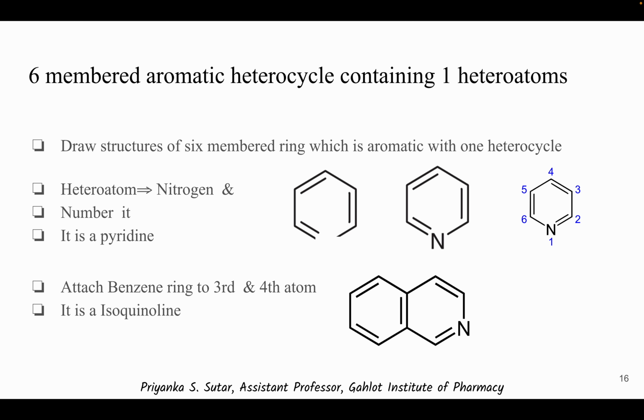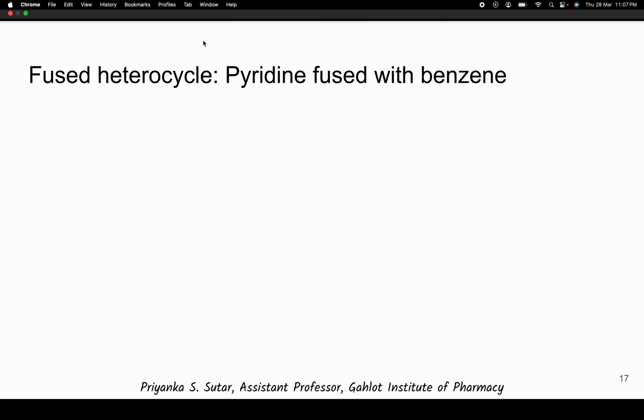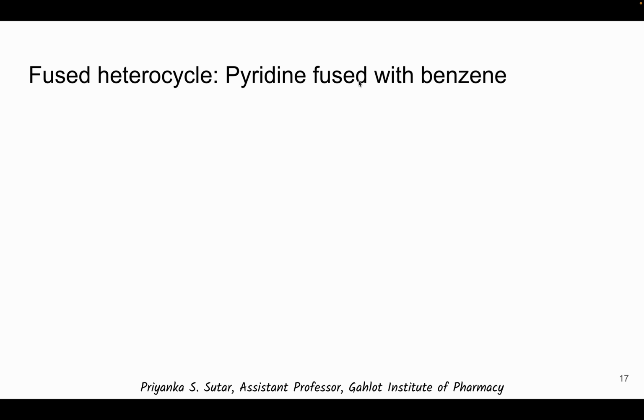So this is a structure of isoquinoline. Okay, so if you see again, we have learned just now fused heterocycles. In this structure, pyridine was fused with benzene.